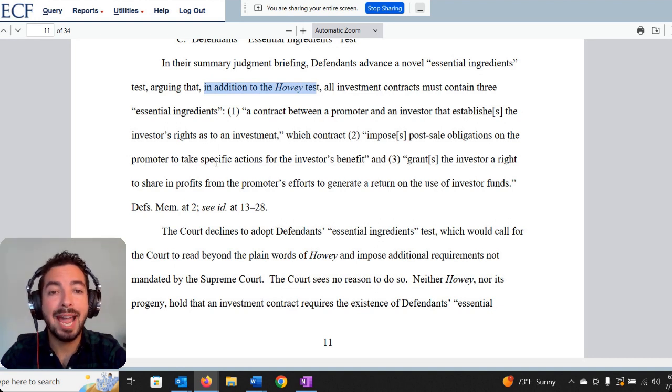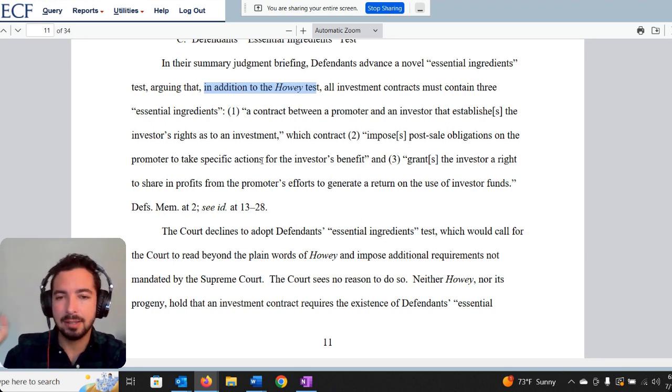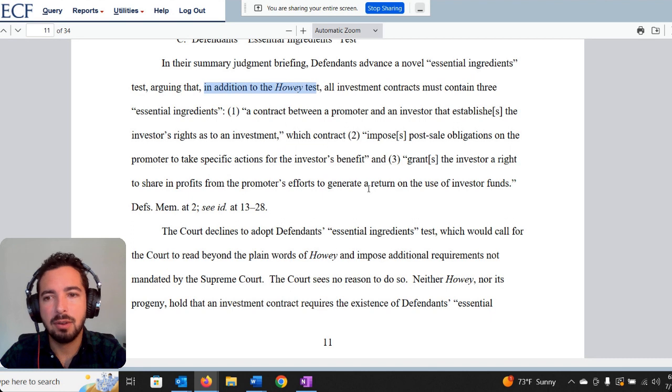So the promoter has to be bound by contract to do something after the sale for the investor, and it has to be specific actions. So they have to specifically do these things, A, B, C, for the investor. And the contract has to grant the investor a right to share in profits from the promoter's efforts.